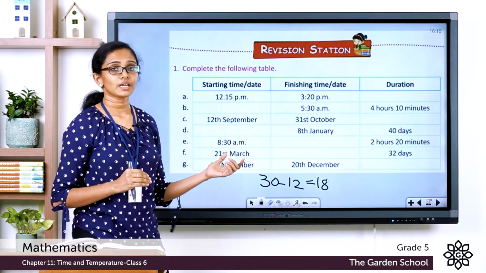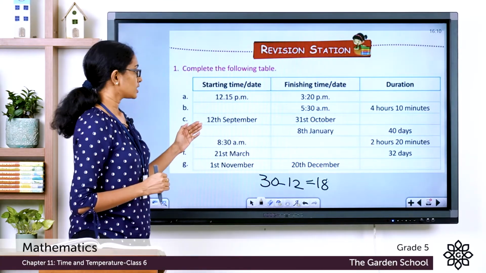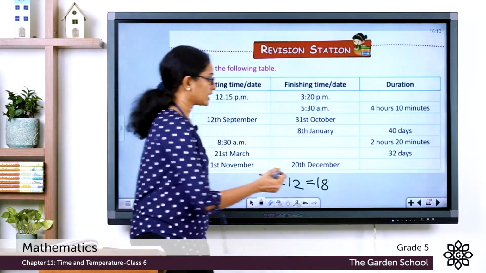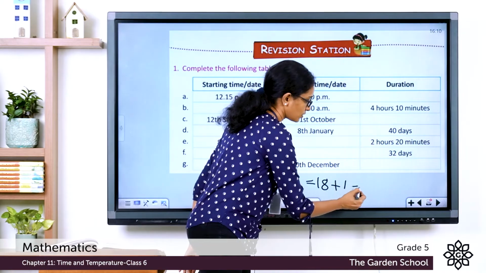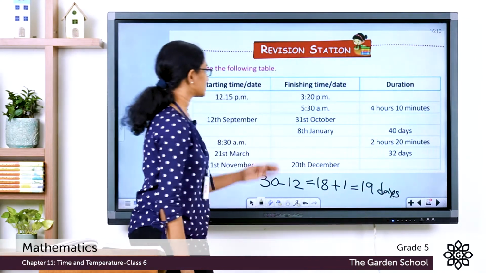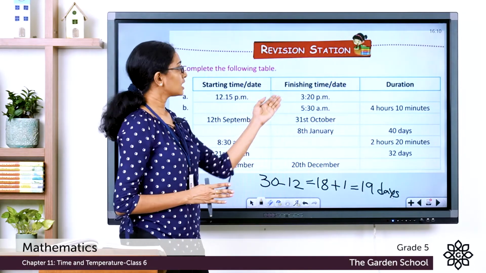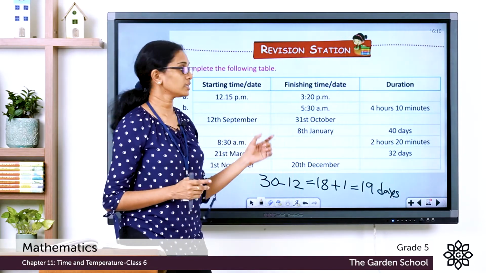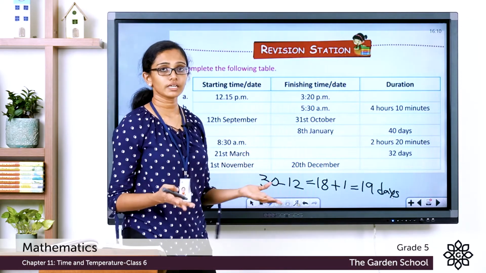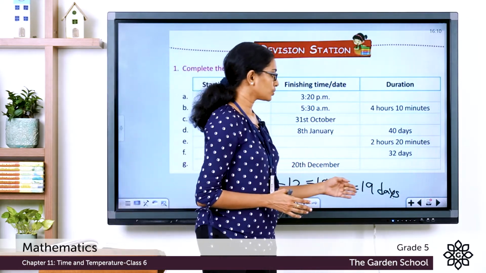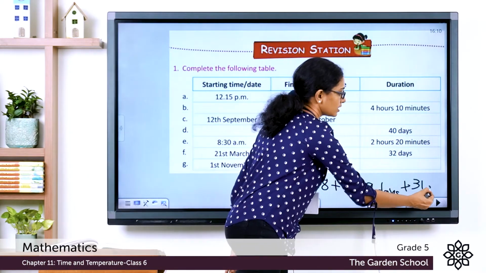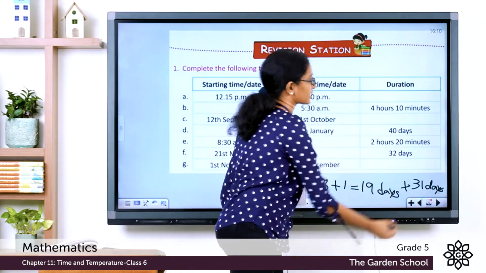But since 12th September should also be included, the number of days from 12th September to 30th September will be a total of 19 days. And 31st October is the finishing date, which means the whole of October has to be considered. In October you have 31 days in total. So the total duration will be this 19 days plus 31 days, which we can calculate.